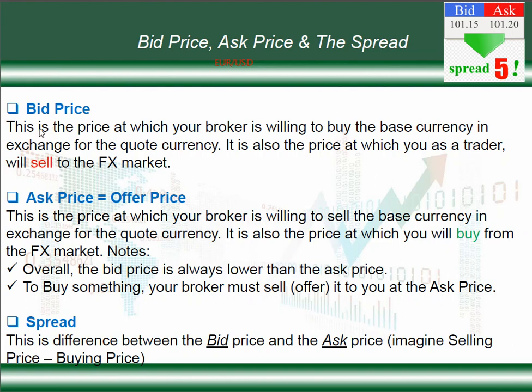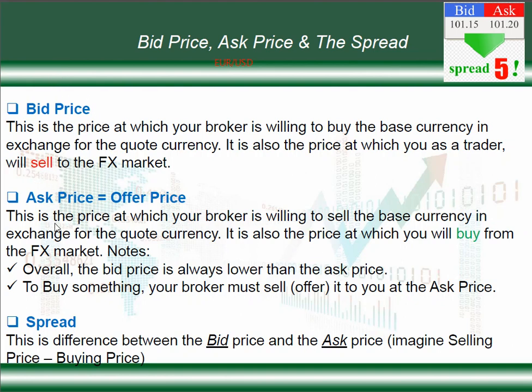Now, price changes after you bought it. If you bought it, for example, using the ask price, you are going to sell it using the bid price. In that case, price will have changed because the exchange rate changes from time to time. It's never constant as such. So that fluctuation results in a difference between the bid price and the ask price.